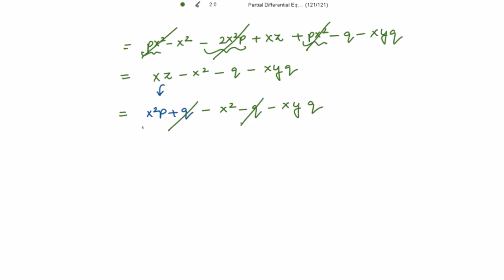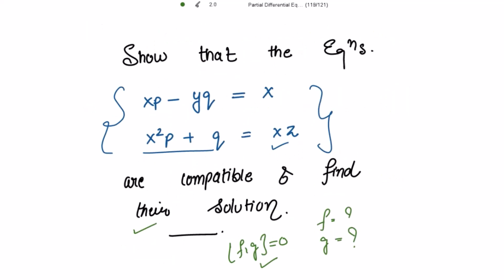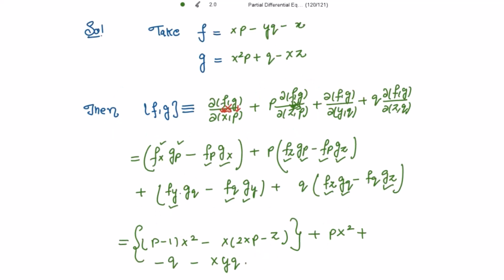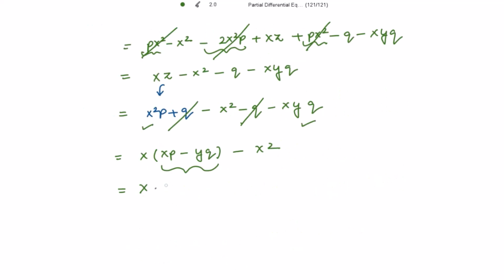Now taking x common from the first and the last term, this is x into xp minus yq, minus x square. From the first equation, xp minus yq is x. So writing here x minus x square, and this is x square minus x square, which is equal to 0. Yes, we are getting the Poisson bracket of fg to be equal to 0.